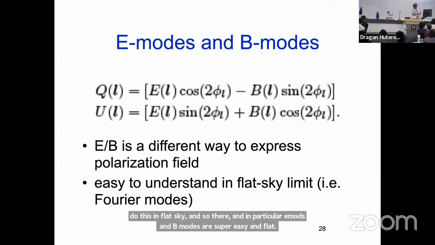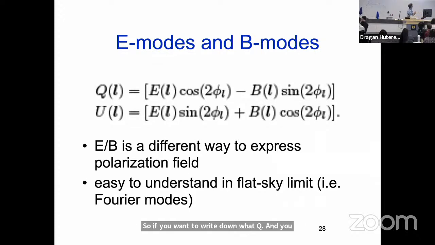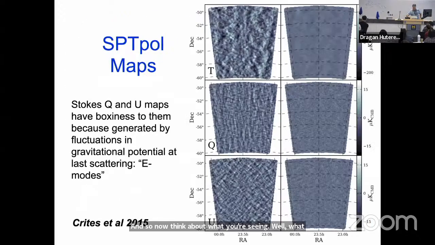If you want to write down what Q and U are in the flat sky approximation, where I've gone back to Fourier modes, you can just write the Q Fourier modes and the U Fourier modes as some function E times cosine 2 phi, where phi is the angle in Fourier space, minus B. This one's E plus B. So this is U and this is Q. And now think about what you were seeing in those Q and U maps. Let's just go to Q.